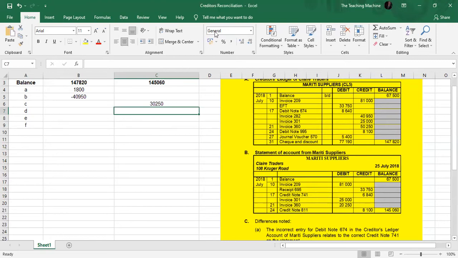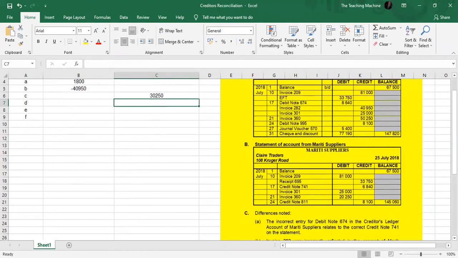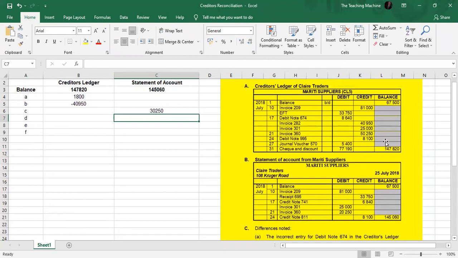Any question, please? Can you please repeat the adjustment? Okay, let me repeat again. The invoice appears on the credit side as 50,250. This is the amount of goods we took on credit from Marigi suppliers.